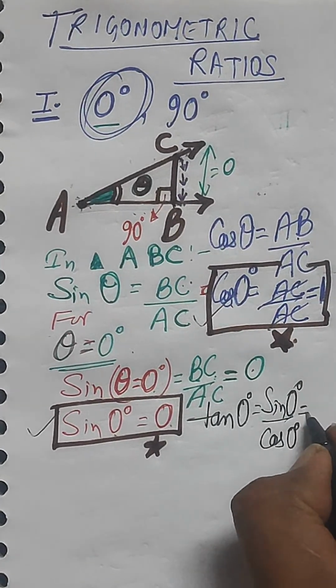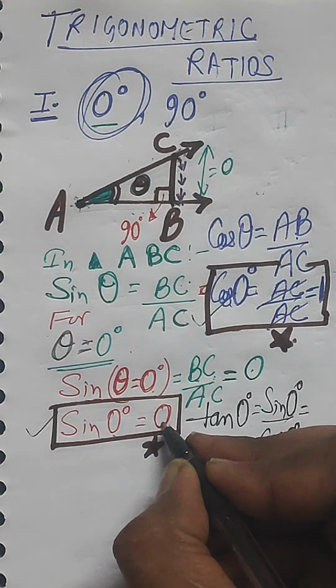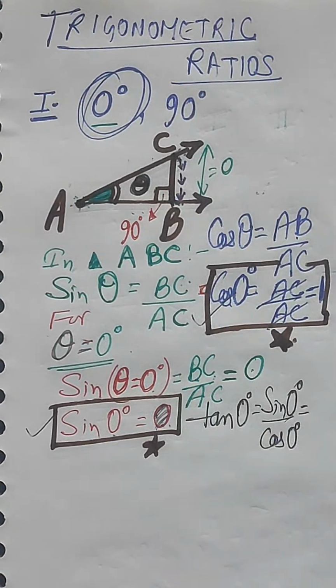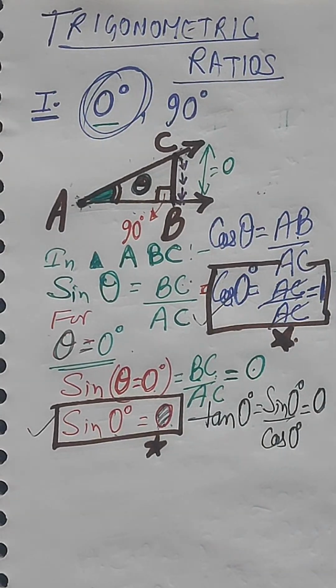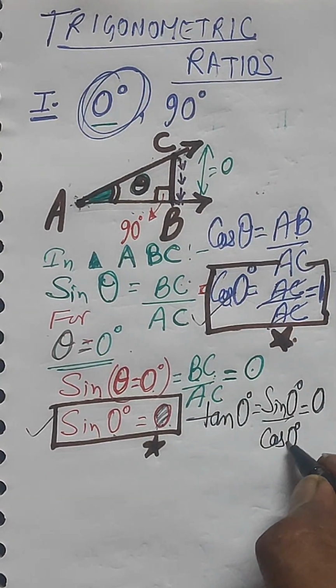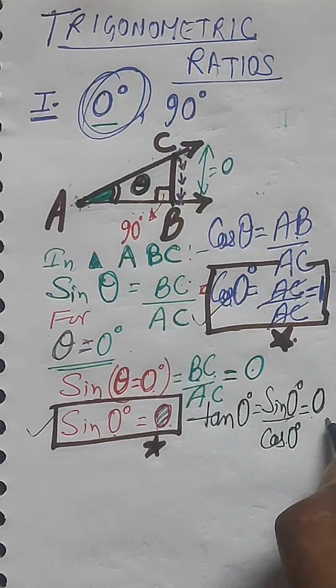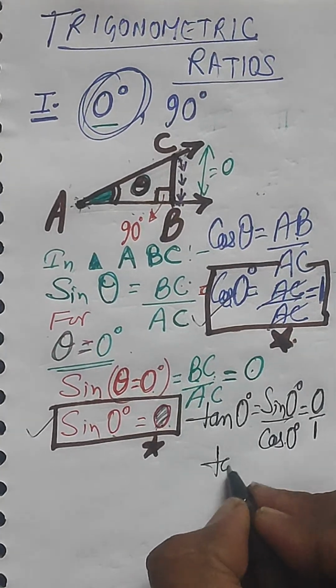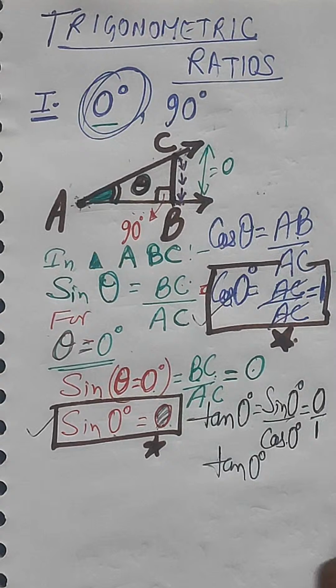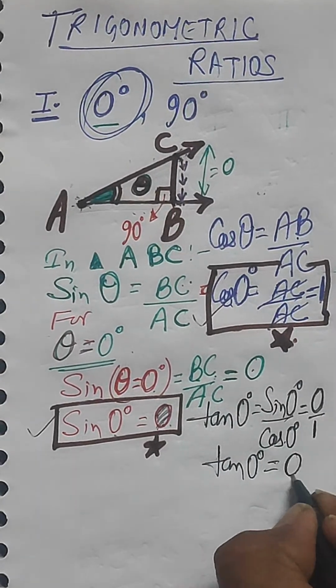Just put up the value of sine 0 degree, which is 0 over here. And cos 0 is 1, so in the denominator it will be 1. So finally the value of tan 0 is derived as 0.